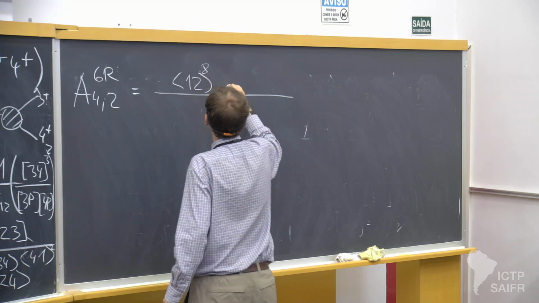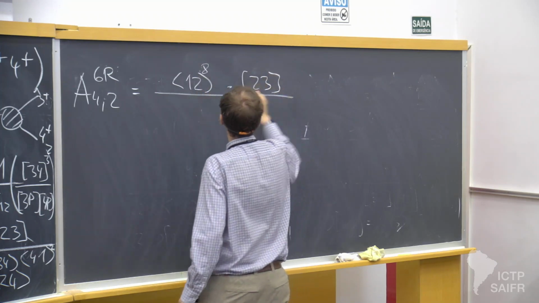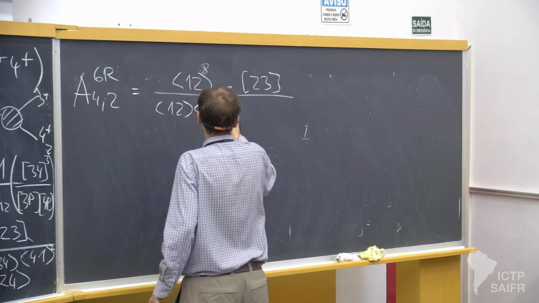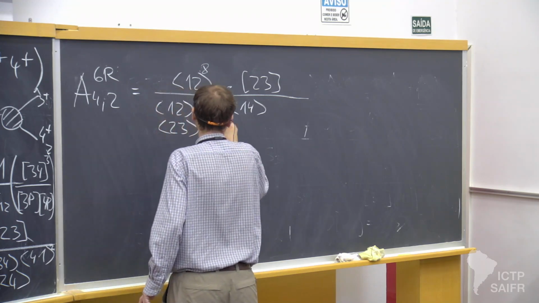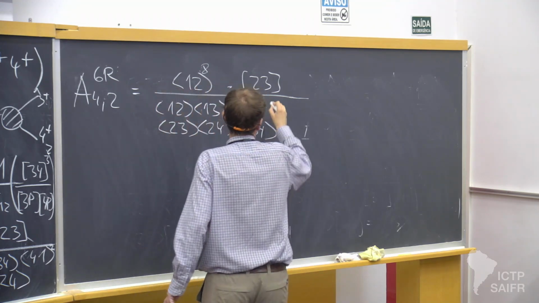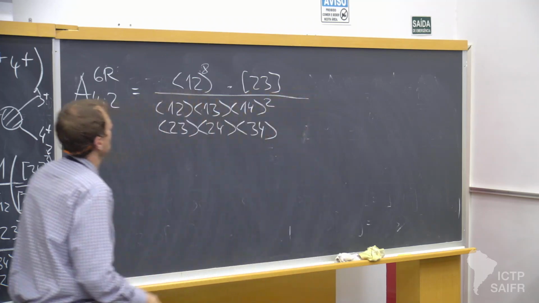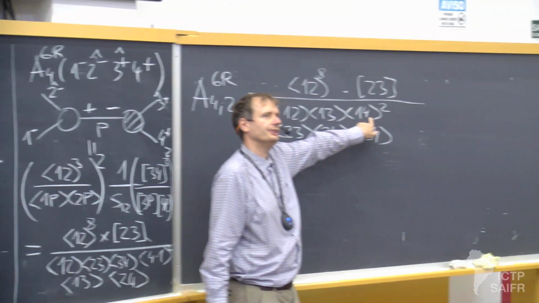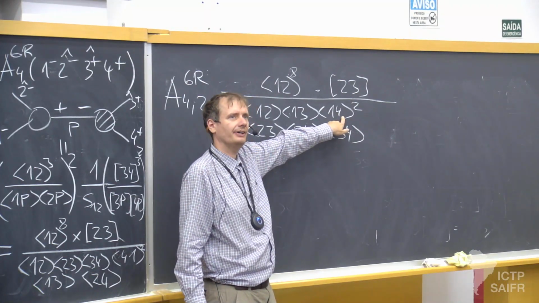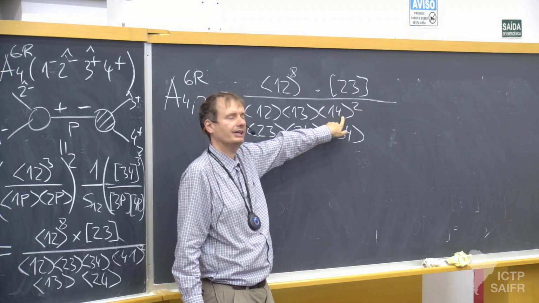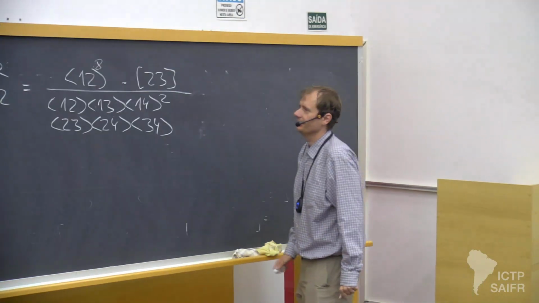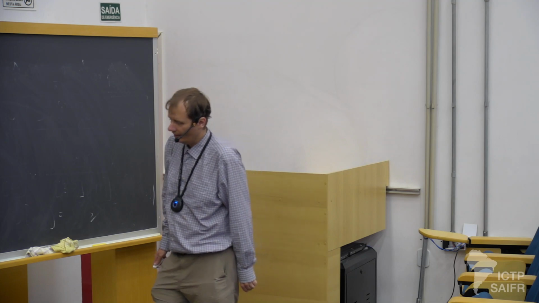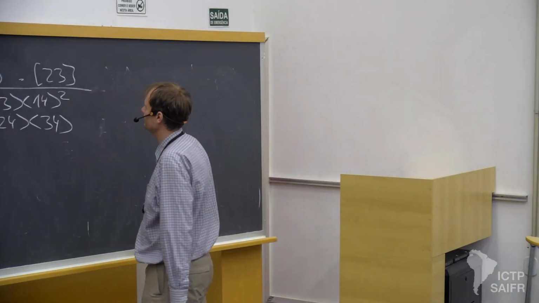The gravity amplitude doesn't have cyclic ordering, so in the denominator you get all of the poles. But there was a puzzle for some time, because you get a square of the pole here, which seems bad, because that naively seems to violate the simple poles in the amplitude, which come from Feynman diagrams. However, it's an early indication that for gravity amplitudes it's very important to understand momentum conservation.